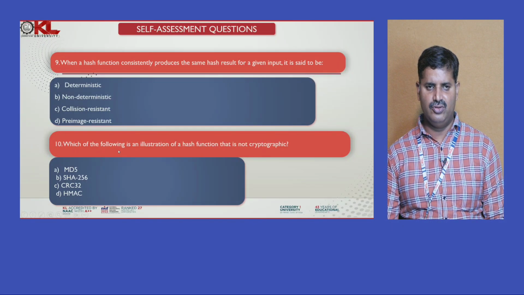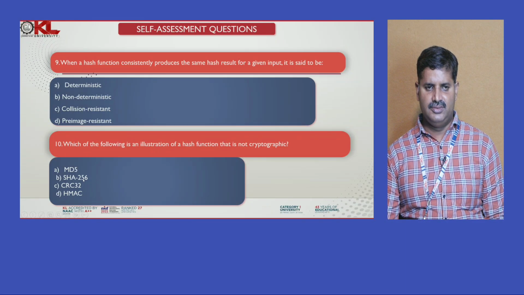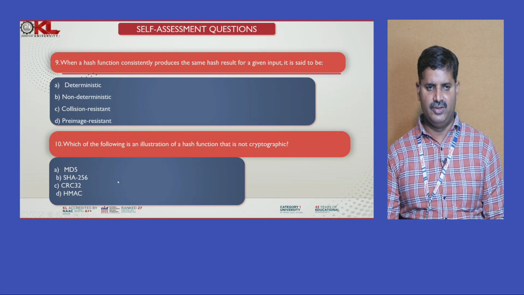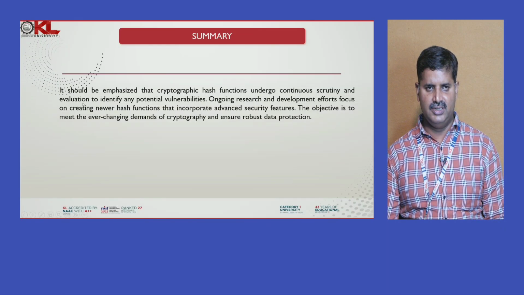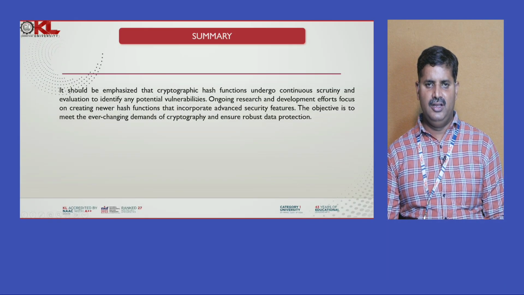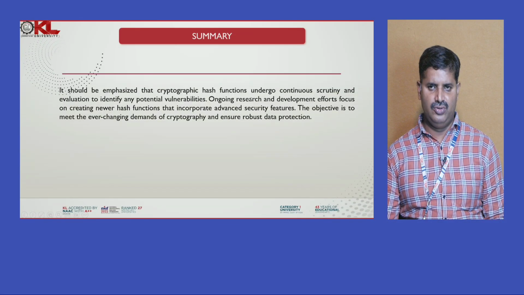So the 10th question is which of the following is an illustration of a hash function that is not cryptographic. Here CRC32 is a kind of hash function, but it is not cryptographic. The summary of this first session is that any hash function must undergo continuous scrutiny and evaluation to identify any potential vulnerabilities.